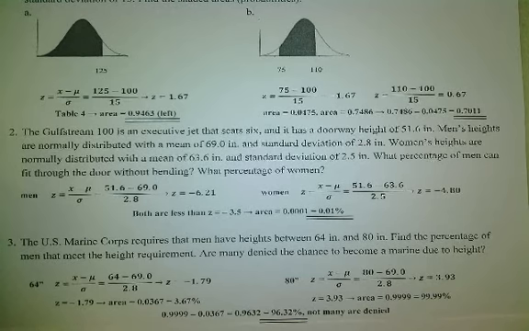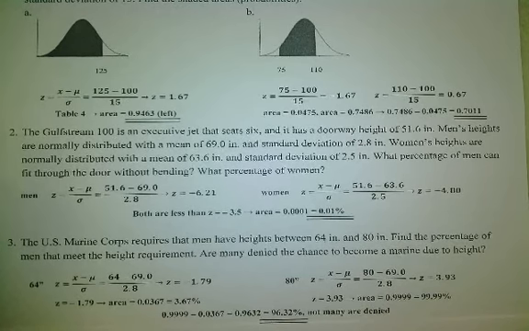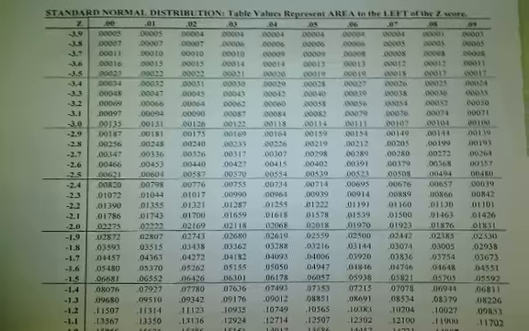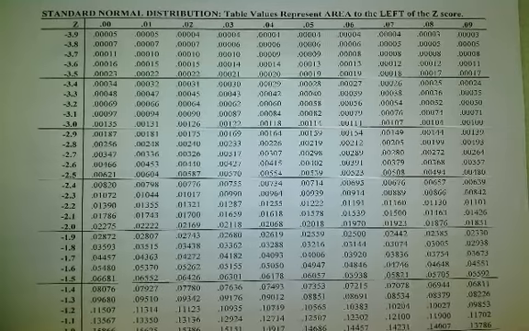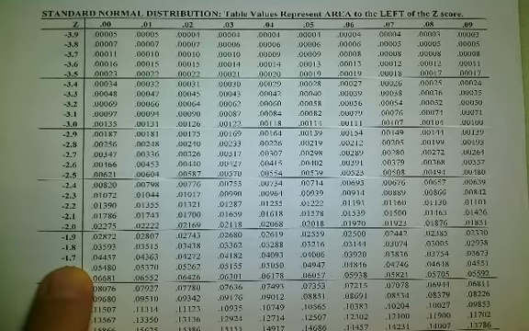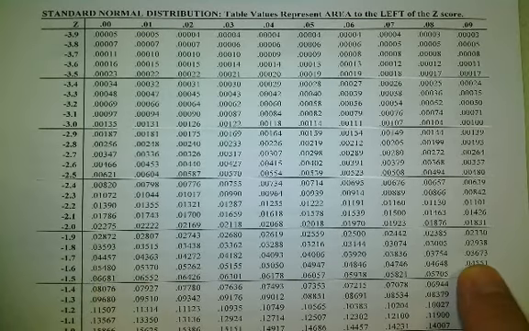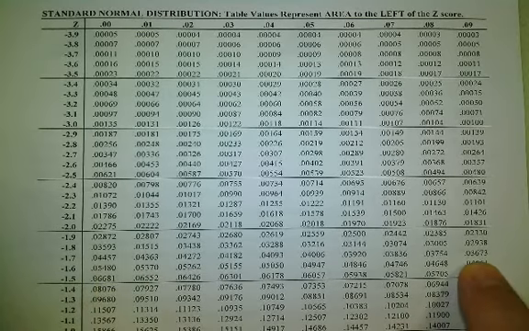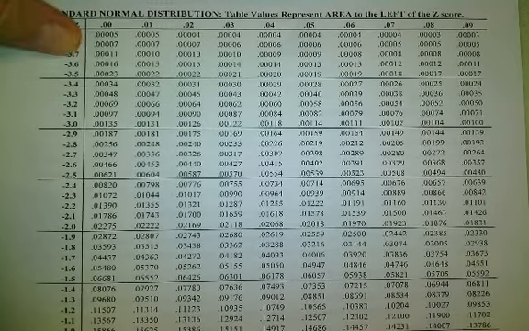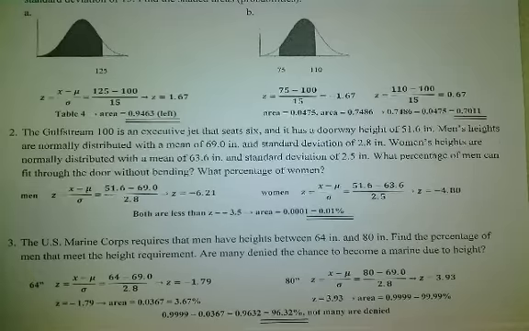So we go look up the table, and again, just to show for the negative 1.79, here's negative 1.7, and we'd have to go all the way across for the 0.9, and so you can see that it's 0.0673. So that's how we get that one from the table.